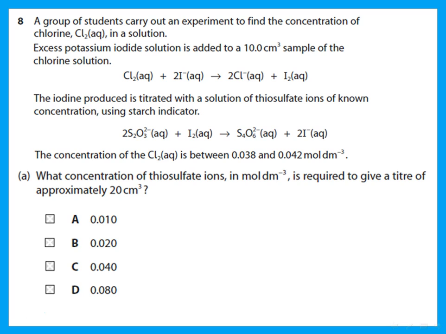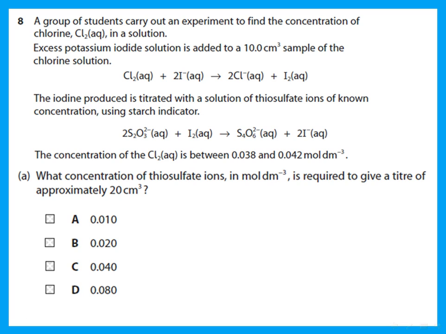The concentration of the chlorine was between 0.038 and 0.042. So the first question is, what concentration of thiosulfate is required to give a titer of approximately 20 centimeter cube? So he's telling me that the original concentration of chlorine is about 0.04.